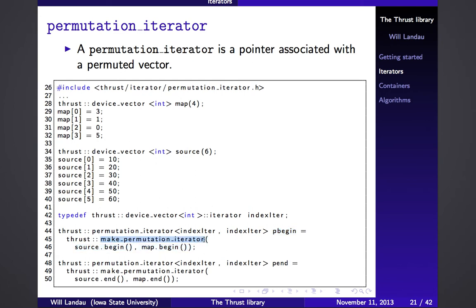Remember, it's made with make permutation iterator. And I'm going to give it the beginning of source, that's the beginning of my actual vector. And I'm going to give it the beginning of the permutation array, the array that defines this permutation here.